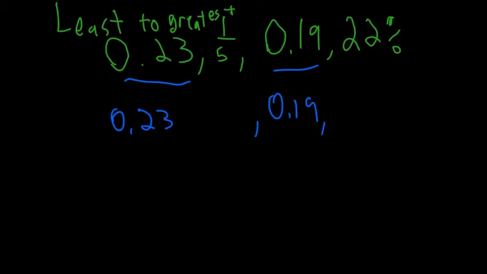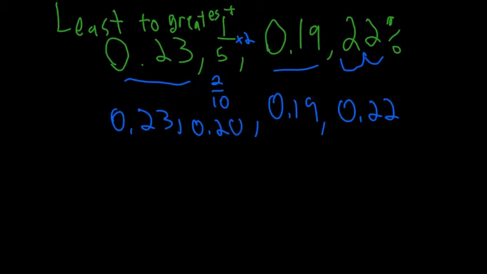Now let's make my other numbers decimals. So 22% as a decimal, move your decimal twice to the left, and we get 22 hundredths. And then to make 1/5 a decimal, I can multiply that times 2 and get 2/10, and then write 2/10 as a decimal. And then just for comparison's sake, I can add a 0 to that 2/10 to give 20 hundredths. So now I can compare.